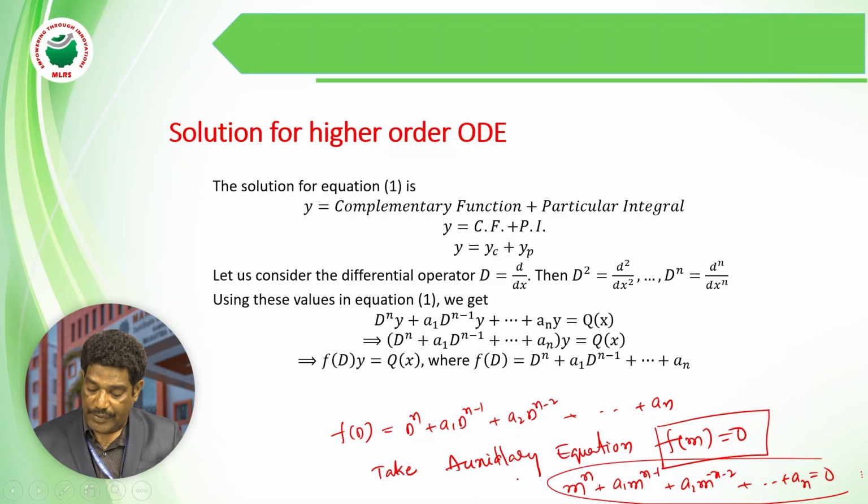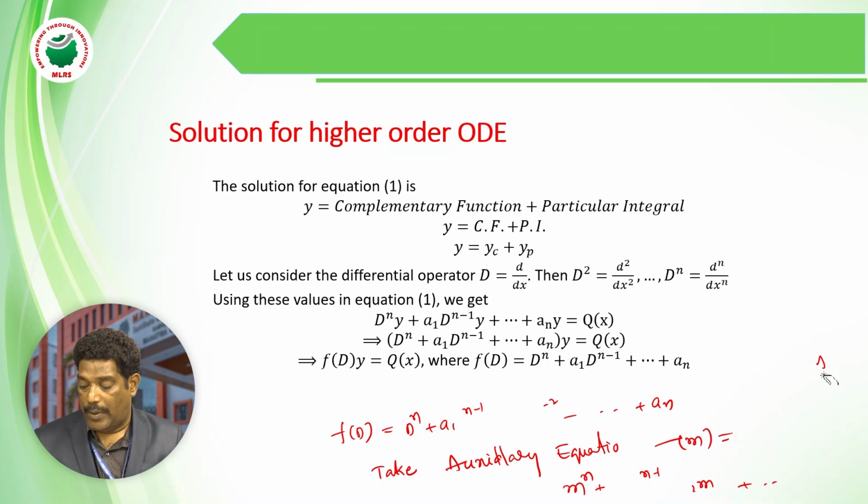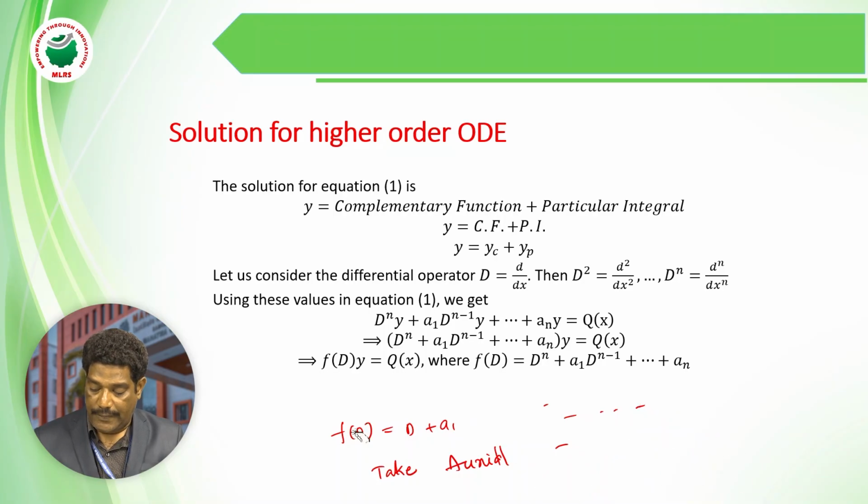Now solving this equation, we get n roots. The roots may be real numbers or complex numbers. Now let's discuss how to find the complementary function based on the roots we get.